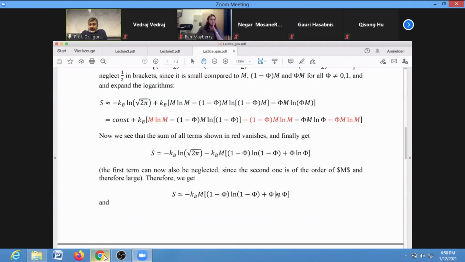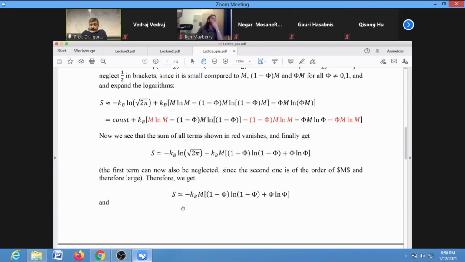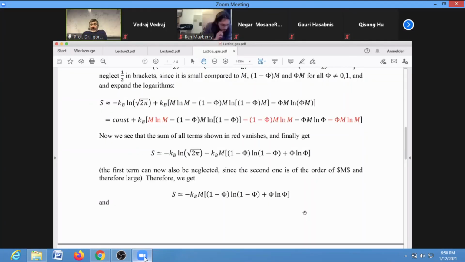What will be important is this expression from which we will start several times. I will have to explain it again and again, but this form of the entropy of a lattice system with two components is very important.